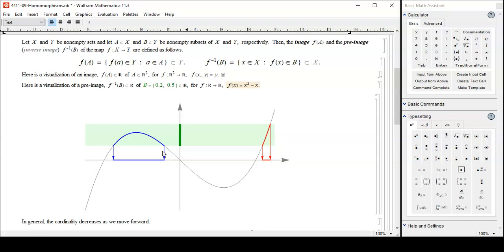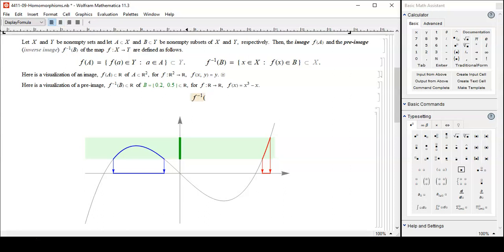X coordinates are A1, A2, A3, and A4, and then you can find those by setting this f of x equal to 0.2 and solve that equation. You're going to get A1, A2, and A3, three solutions. And then set it equal to 0.5, you're going to get only one real solution. And that's going to be A4, and you're going to end up with this. So that's going to be A1, A2, and A3, A4, like this. And second interval is red in this picture, and the first interval is blue.